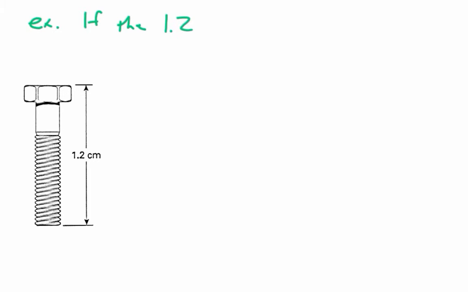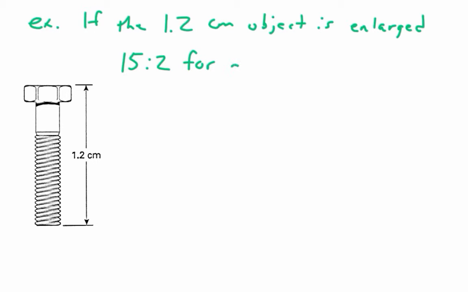If the 1.2 centimeter object is enlarged for a CAD drawing of this thing, and our scale is 15 to 2, so same units, so I don't need to write units in my scale, enlarged 15 to 2 for a drawing.